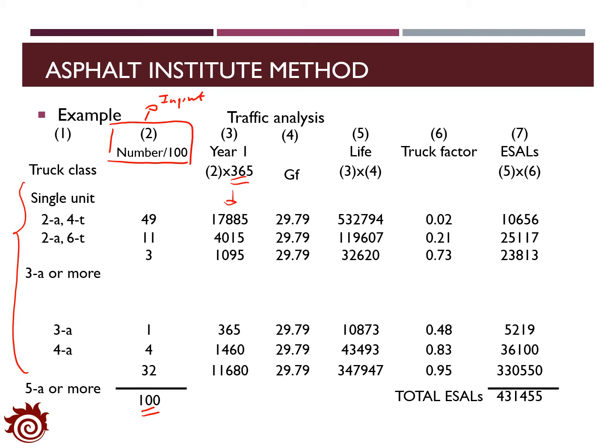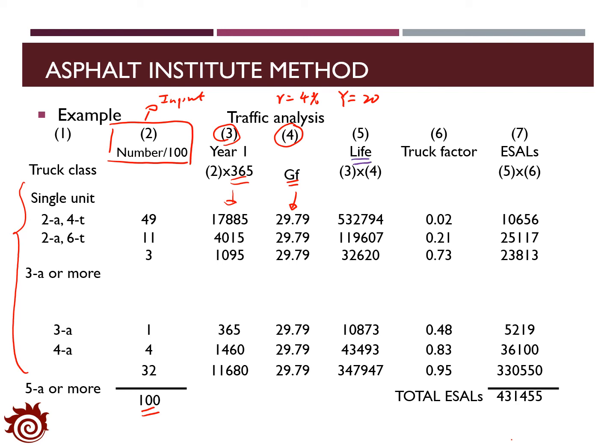In addition, based on the annual growth rate of 4% and the design year of 20, we can find out the growth factor as 29.79 for the whole design period. With that, we can find the lifetime truck traffic as the product of column 3 and column 4. So that's the lifetime truck traffic.